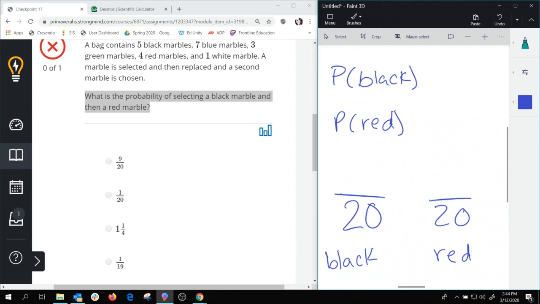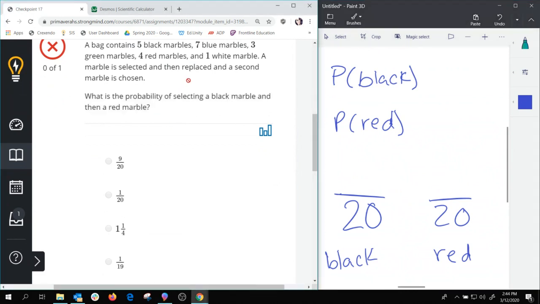In that bag, how many black marbles do I have? In my bag of marbles that I have here in this problem, how many of them are black? 5, which means I would have a 5 out of 20 chance of choosing a black marble.